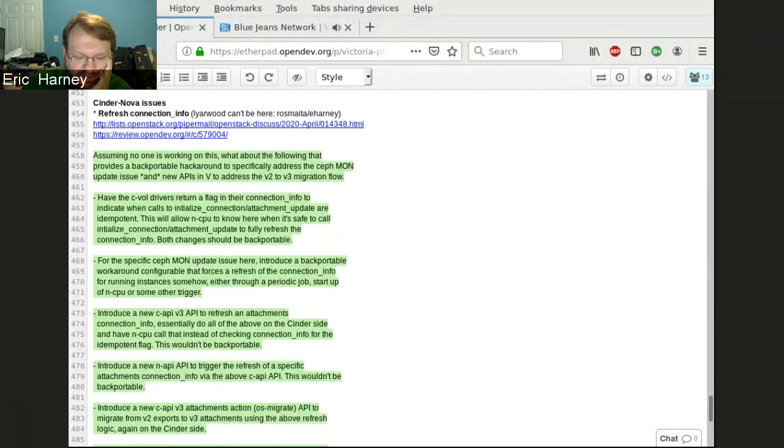There's also a need for this with the NFS driver, because when you create and delete snapshots on the NFS driver, the path that you're supposed to open as the instance consuming the volume changes a lot of the time.